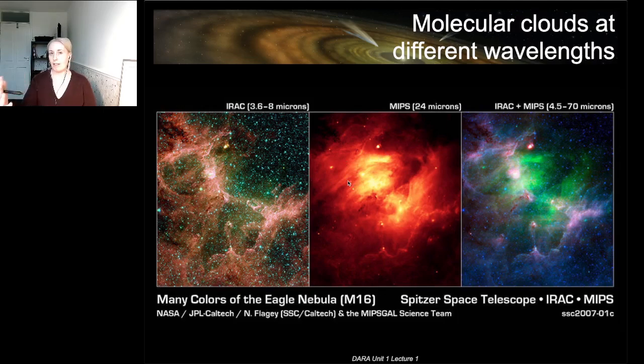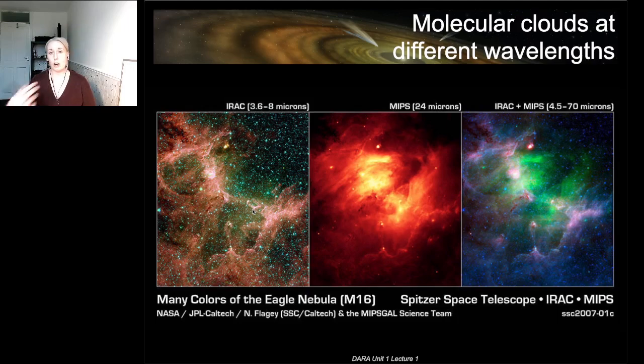Well, you have a hint from that bird's eye view of star formation that I showed you at the start. In order to pick up the warm dust that's potentially on its way to forming stars, we need to look at that warm dust by its thermal emission, and its thermal emission is going to be brightest at infrared wavelengths. If you look at the Eagle Nebula at infrared wavelengths, you can see that the image looks very different to the optical wavelength light.